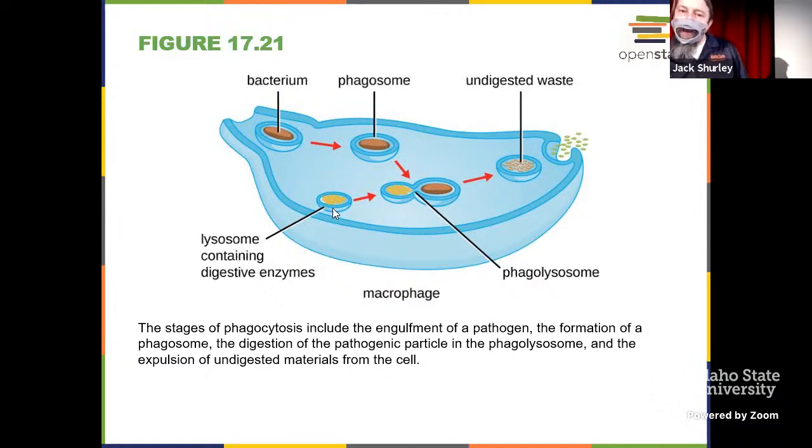The lysosome right here has the digestive enzymes. You see these guys fusing together to create that phagolysosome. And those digestive contents get dumped onto that organism within that vesicle, and it gets destroyed. So some of these particles get thrown out, like the trash, the undigested wastes get disposed of that way.